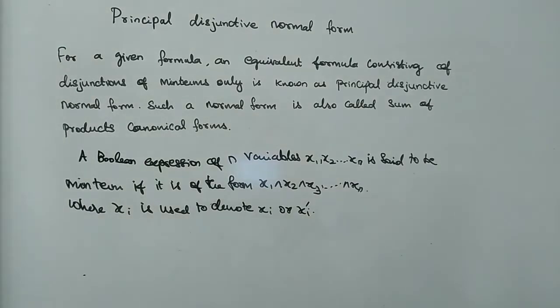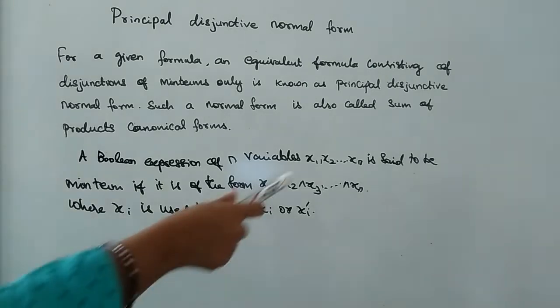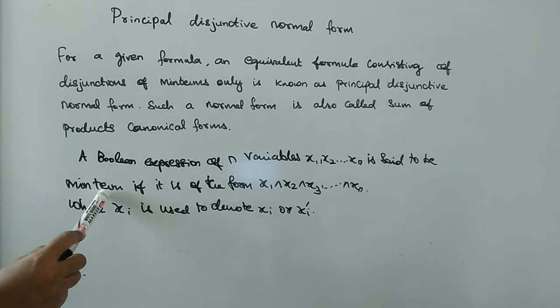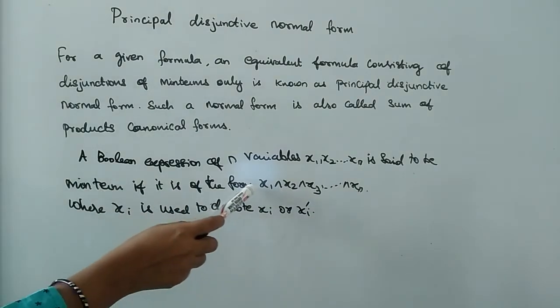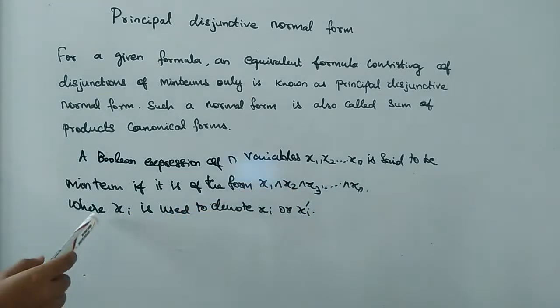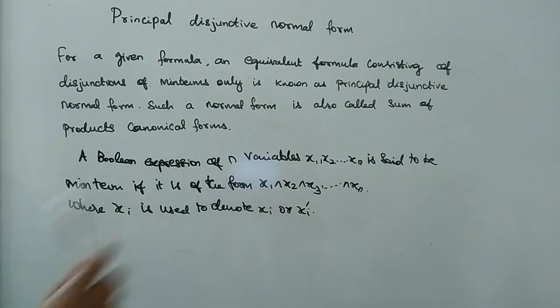So a Boolean expression of n variables x1, x2, up to xn is said to be a min term if it is of the form x1 and x2 and x3 up to xn, where xi denotes xi or xi dash. So this is called a min term.